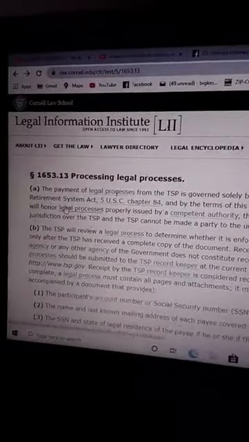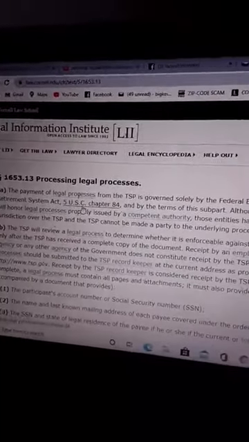Now, when we click on that, why is that, people? CFR 1653.13, processing legal processes. Now here we see 5 U.S.C. Chapter 84 is referred to as the Federal Employees Retirement System Act.